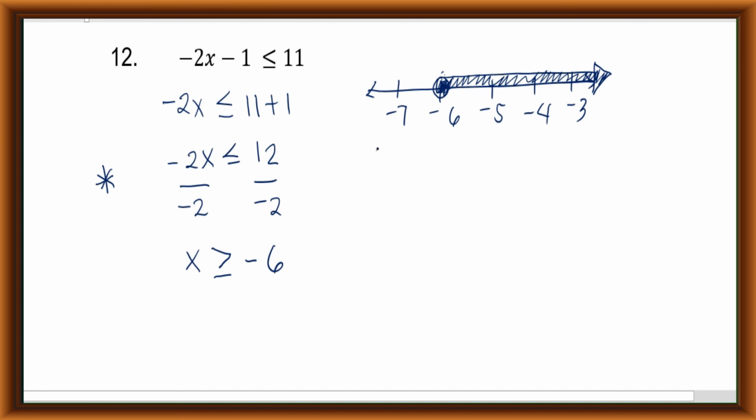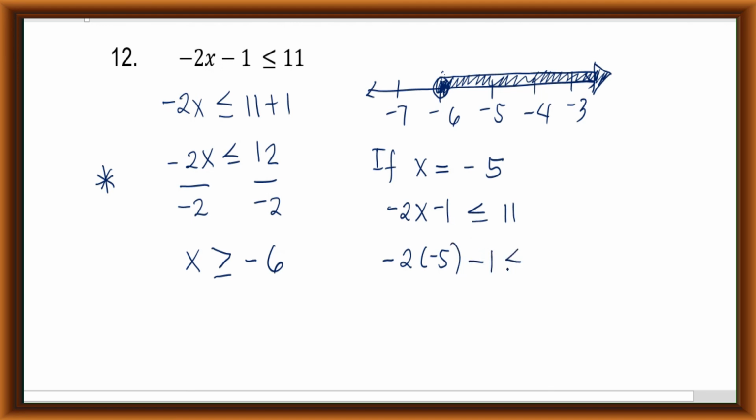Now to check whether our answer is correct or not, let's choose a point greater than negative 6. Say for instance, x is equal to negative 5. So we have negative 2x minus 1 is less than or equal to 11. So we have negative 2 times negative 5 minus 1.